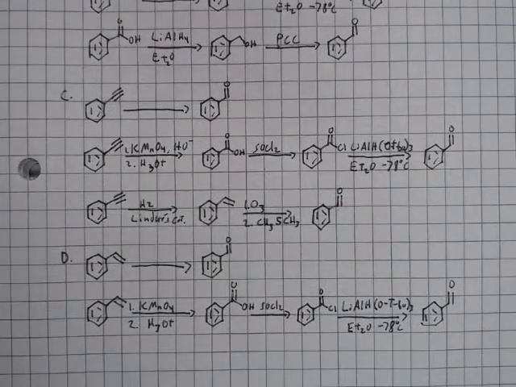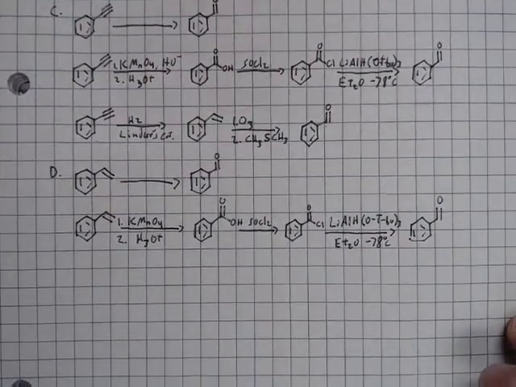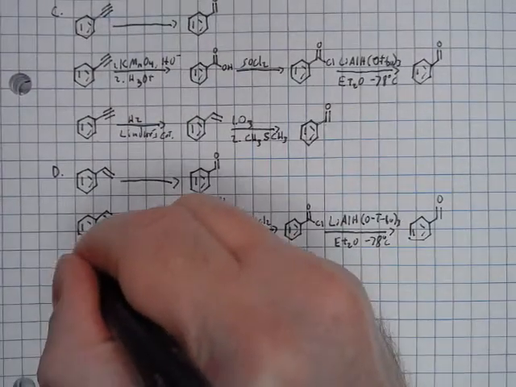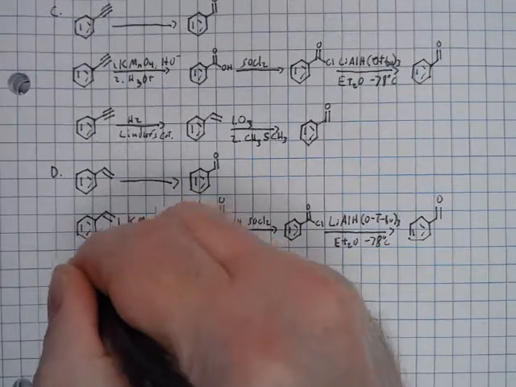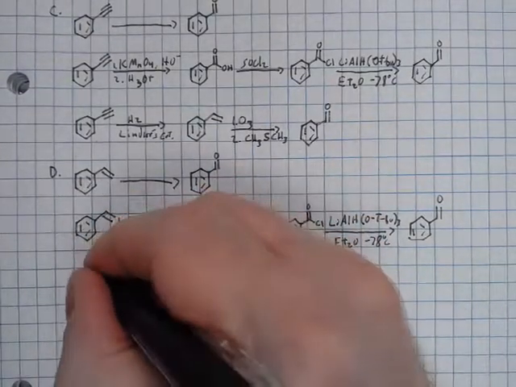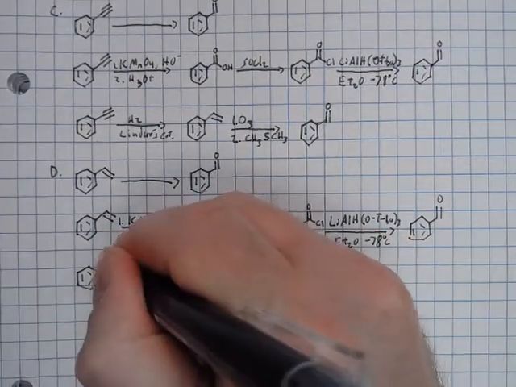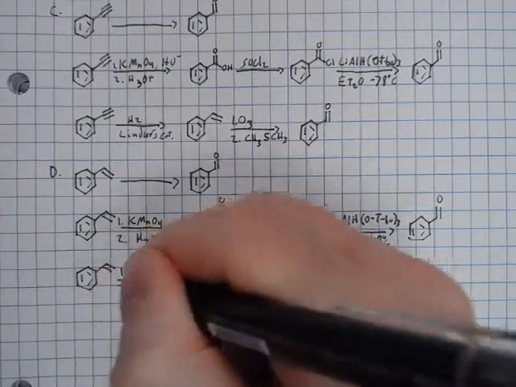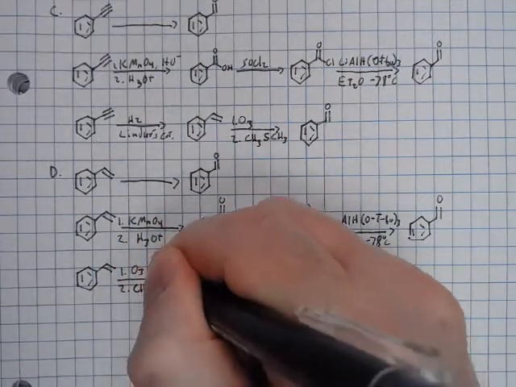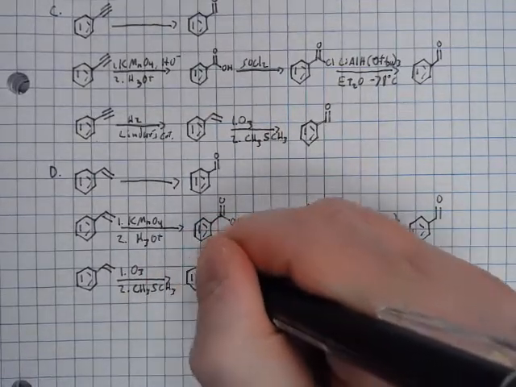Oh, I didn't show any of that, so I'll go ahead and move that up to where it's visible. And I think another method would be to borrow this conversion of styrene to benzaldehyde using ozone and dimethyl sulfide.